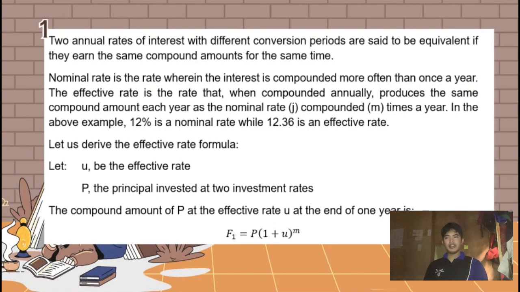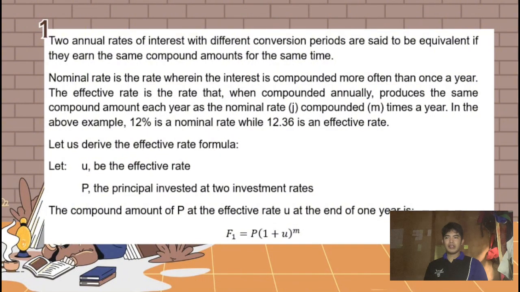The effective rate is the rate that, when compounded annually, produces the same compound amount each year as the nominal rate J compounded m times a year. In the above example, 12% is a nominal rate while 12.36% is an effective rate.